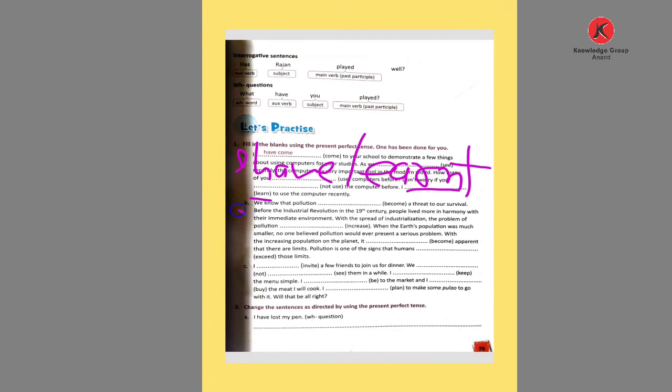Now we come to B. In the first blank: We know that pollution blank a threat to our survival. The main verb given is become. Pollution is singular, so we use has become. Has become.